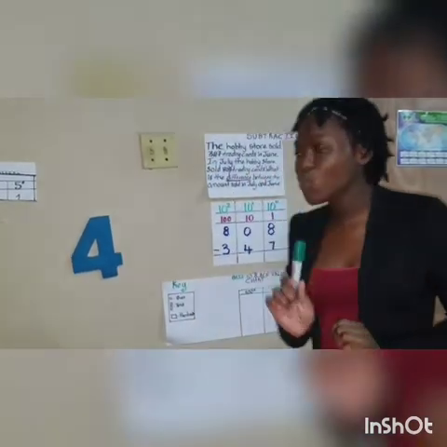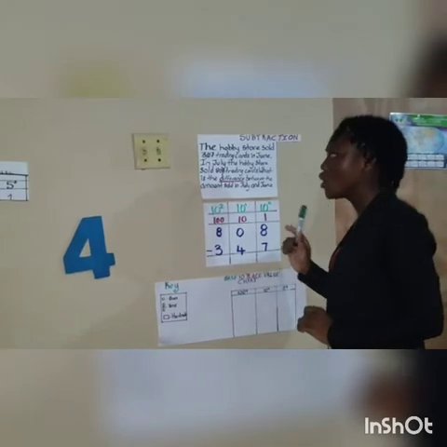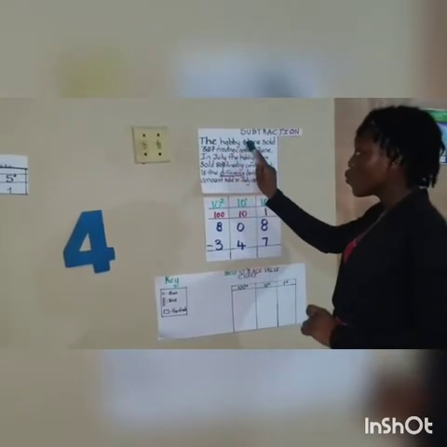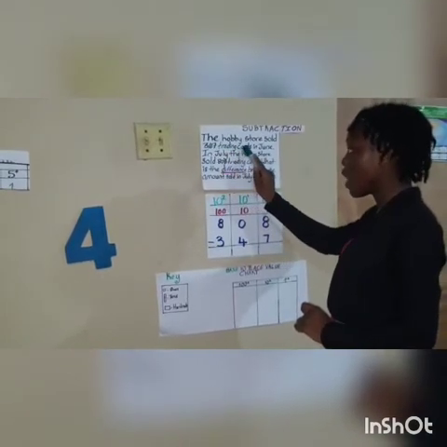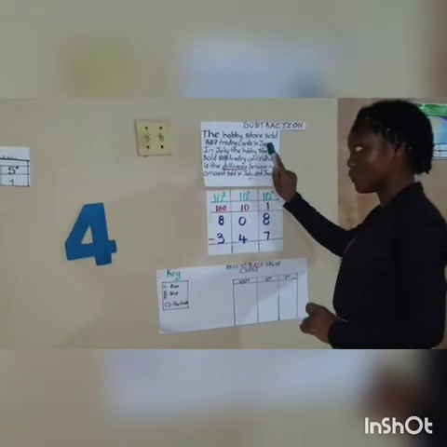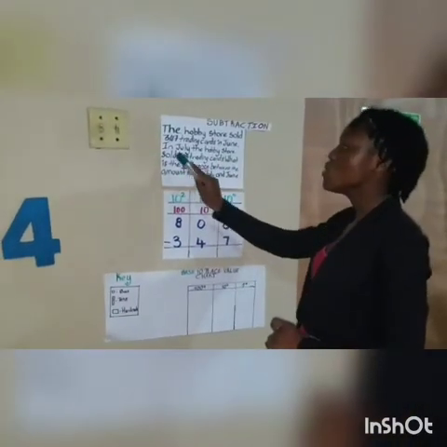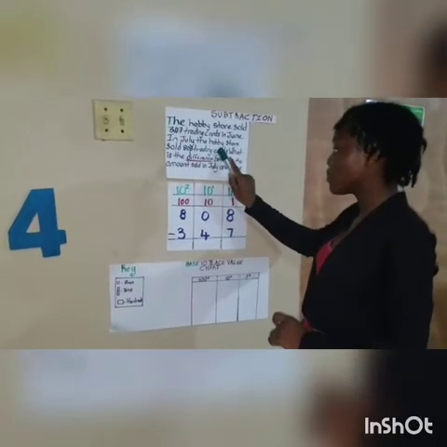So let me show you how you do subtraction in base 10. Read with me. The hobby store sold 347 trading cards in June. In July, the hobby store sold 808 trading cards.